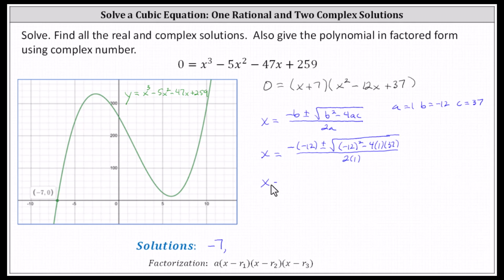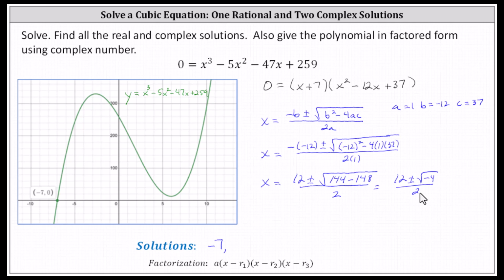Simplifying, we have x equals positive 12 plus or minus the square root of the square of negative 12, which is 144, and then minus 4 times 1 times 37, which is 148. All this is divided by 2, which gives us 12 plus or minus the square root of negative 4, all divided by 2.